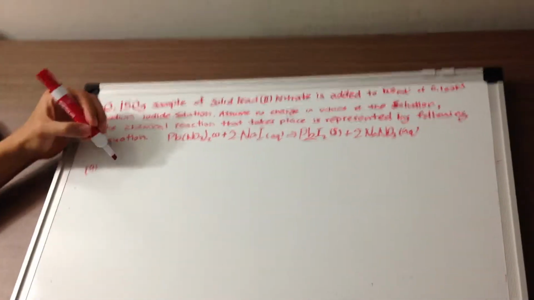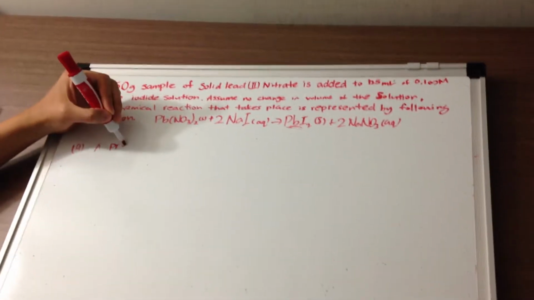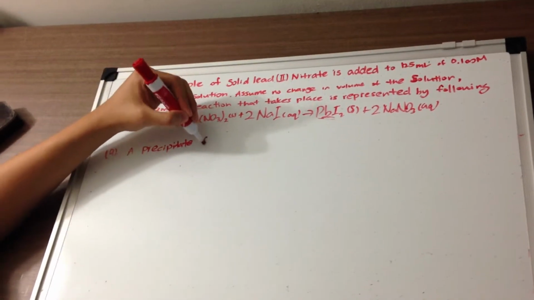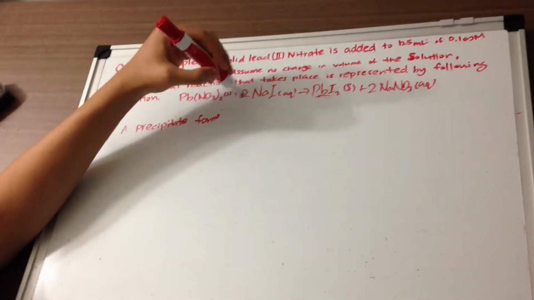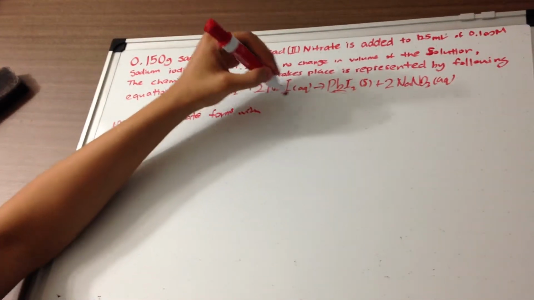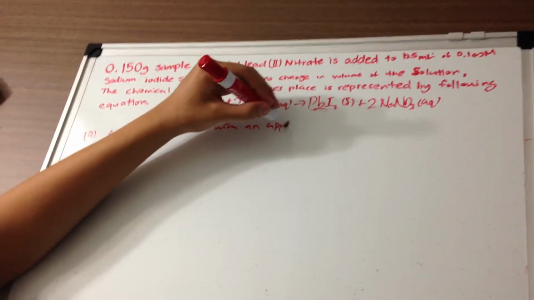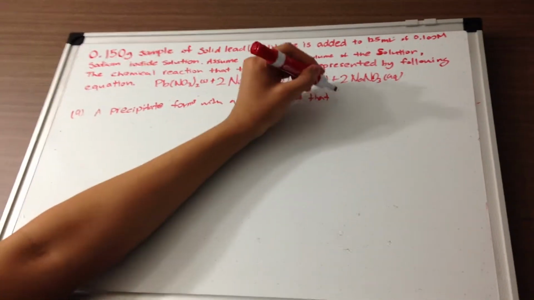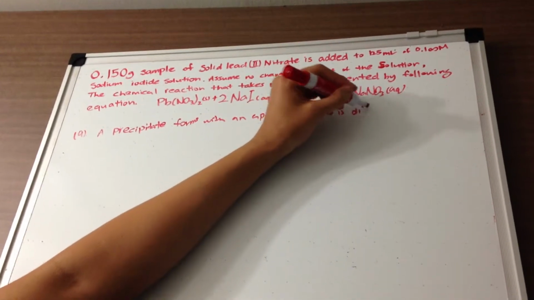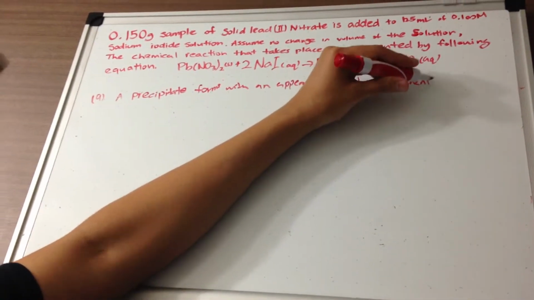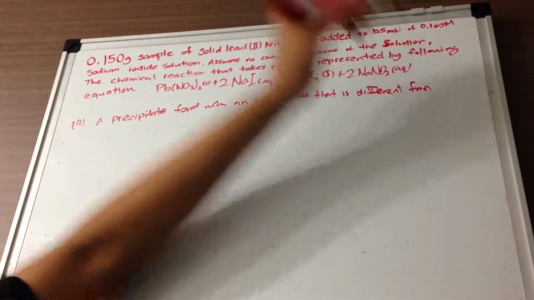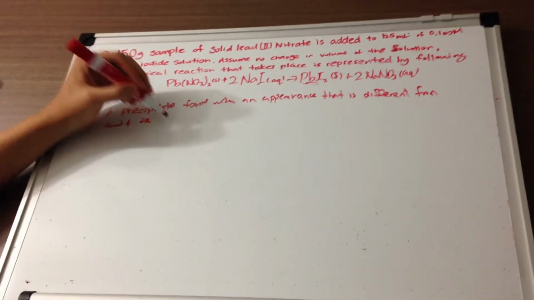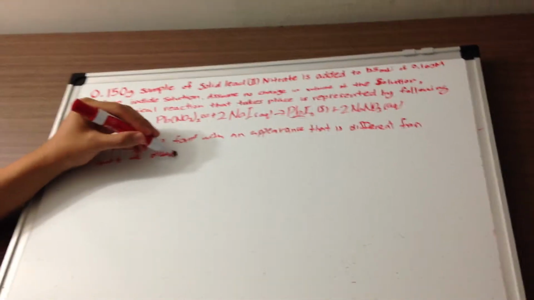So you can say a precipitate forms with an appearance that is different from that of the dissolving solid.